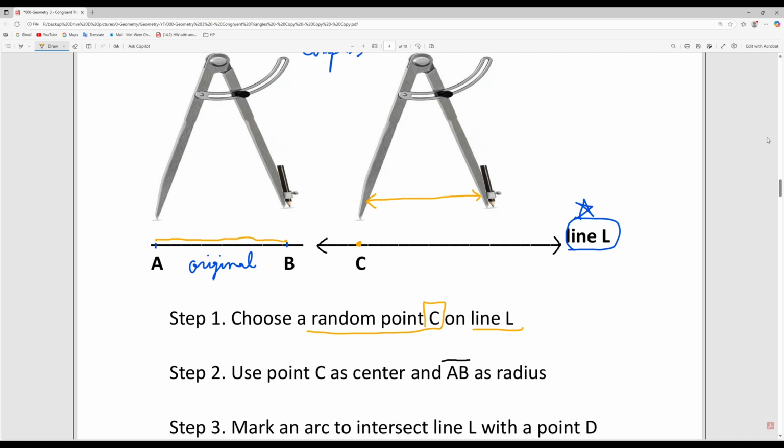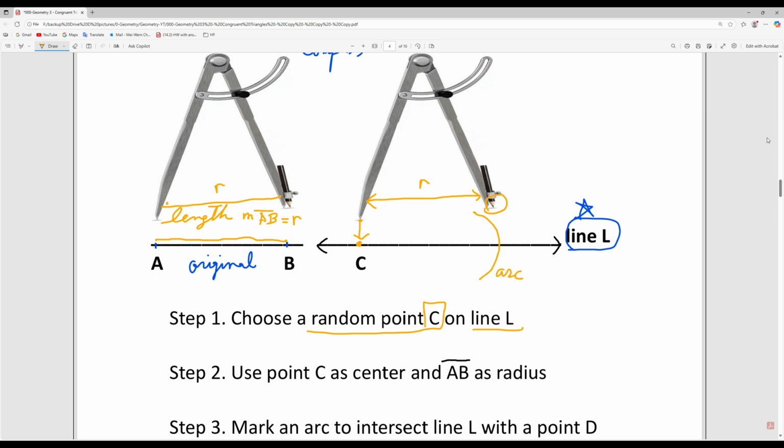Say the length of AB is R. So you open your compass to the length of R. Then put the tip on C, and then use the pencil to draw an arc.